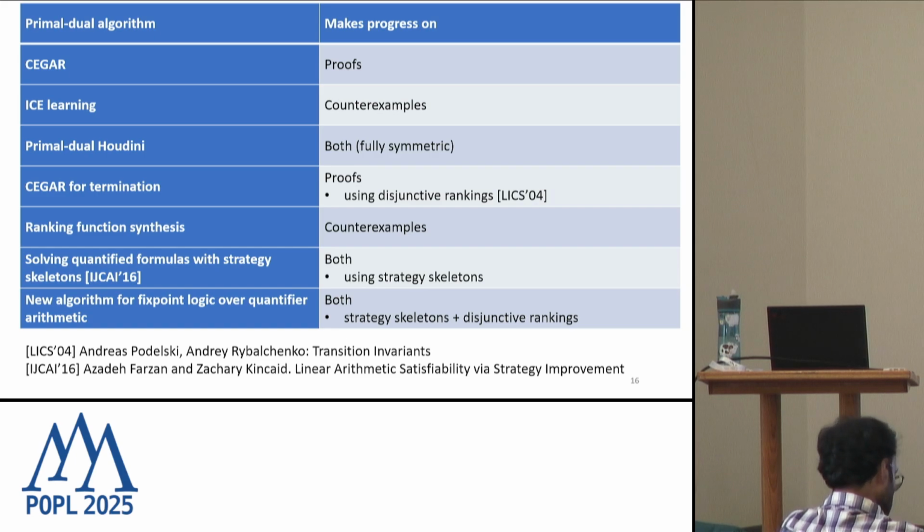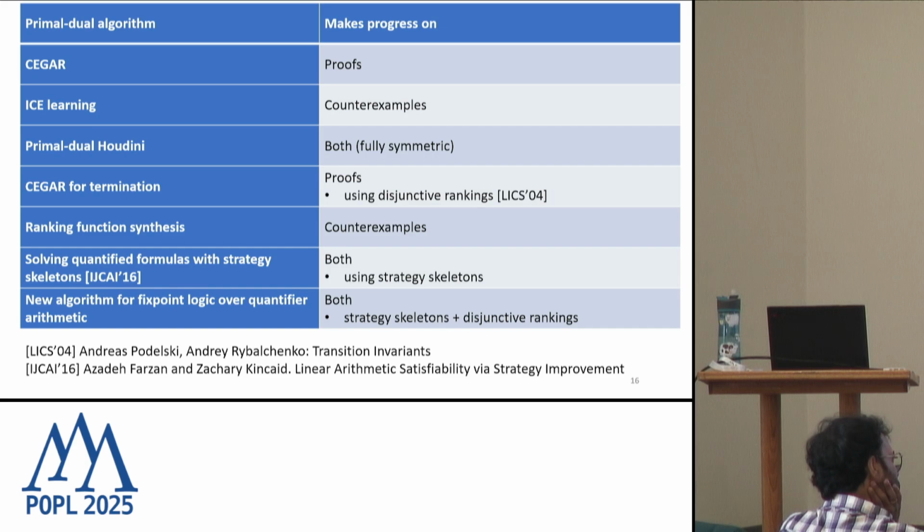Another interesting observation is that the algorithm for solving quantified formulas by strategy skeleton reveals that strategy skeletons are a way to make progress for quantifier instantiation in the case of quantified logic. And the last row here is a new algorithm that we derive in this paper.